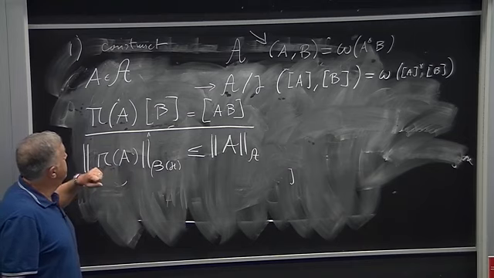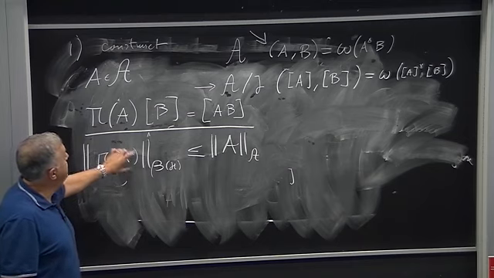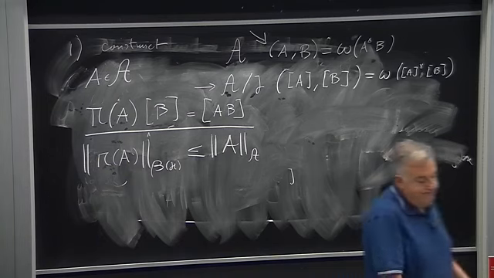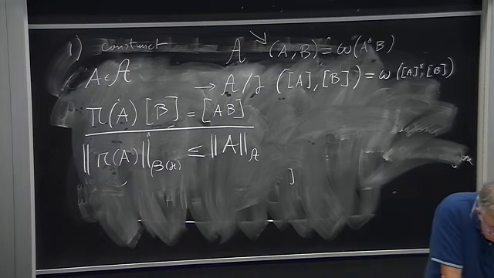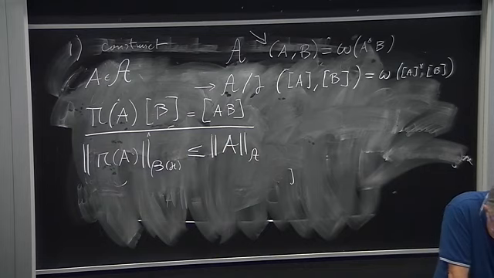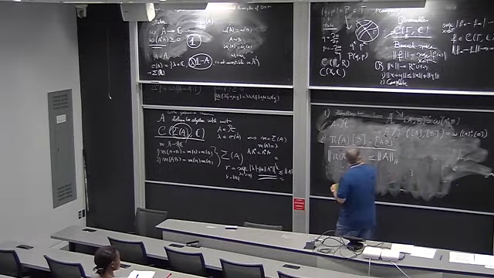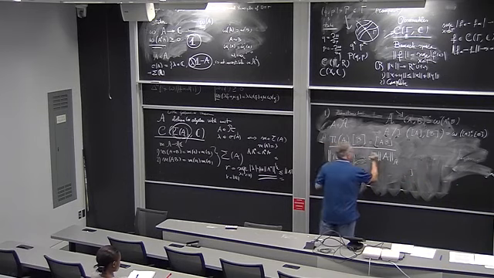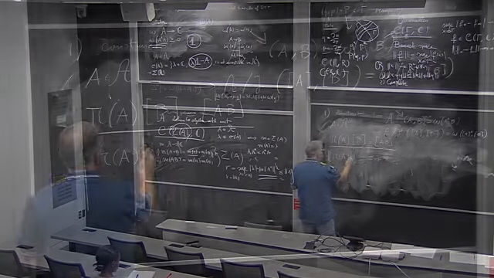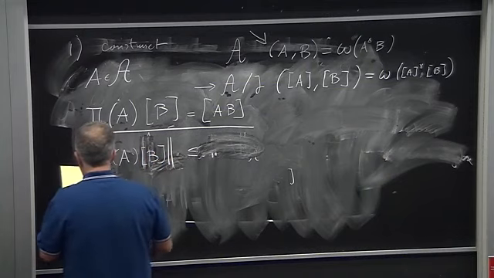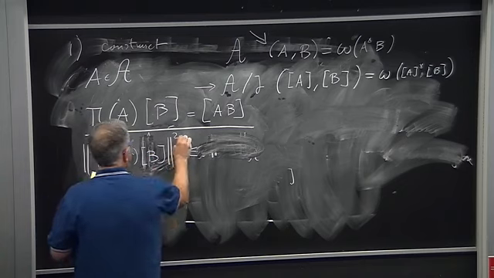So if we now compute this thing, I've written here the details. So let's compute the norm of phi A applied to B, squared.